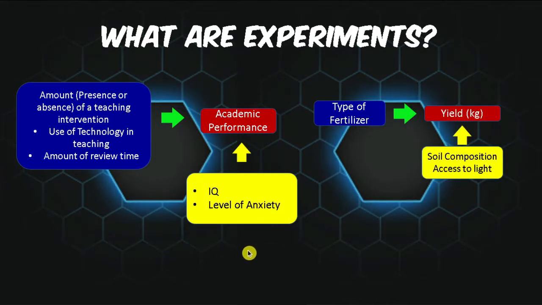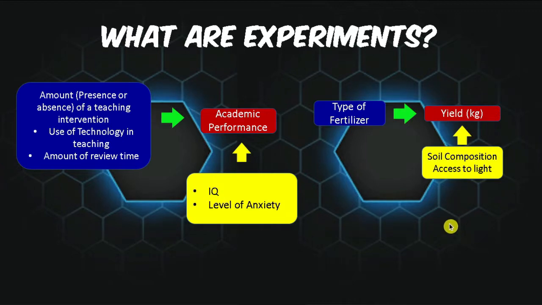Let's provide another example. I have here as my independent variable the type of fertilizer, and the dependent variable is yield in kilograms. So which type of fertilizer is most effective? The extraneous variables identified here are two: soil composition and access to light.